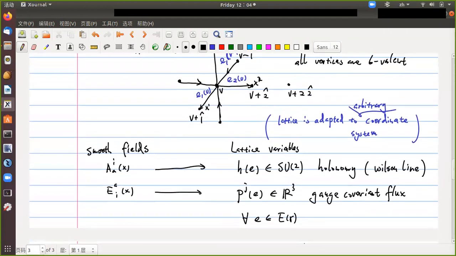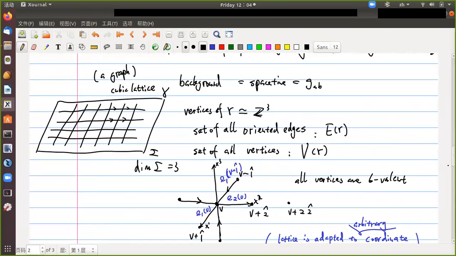So it means that although we discretize our space by using a lattice and define all the variables on the lattice, discretizing the smooth field on the lattice, we should be able to recover the smooth field if we infinitely refine the lattice. We keep refining the lattice in the limit, so that the spacing of the lattice becomes infinitesimally small.